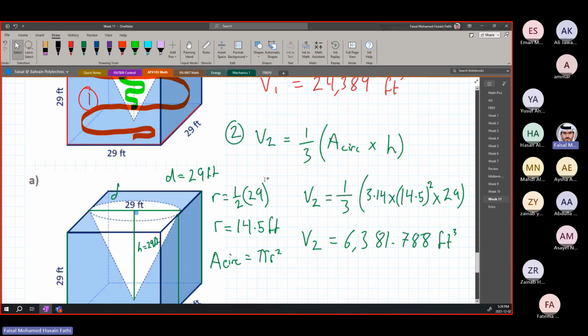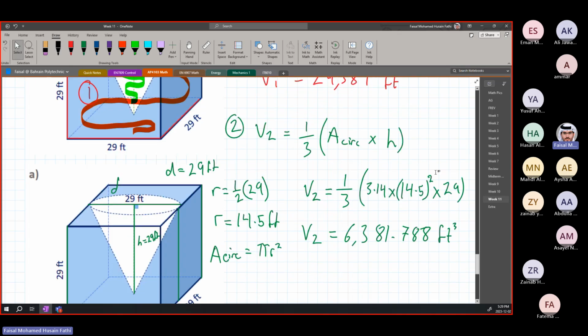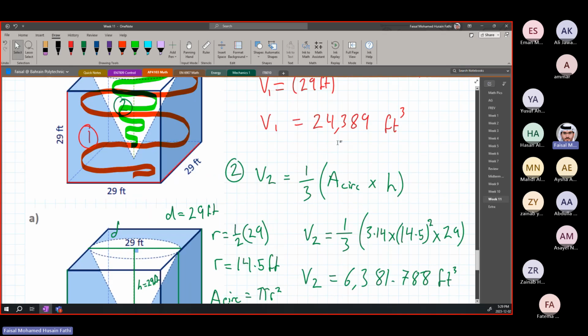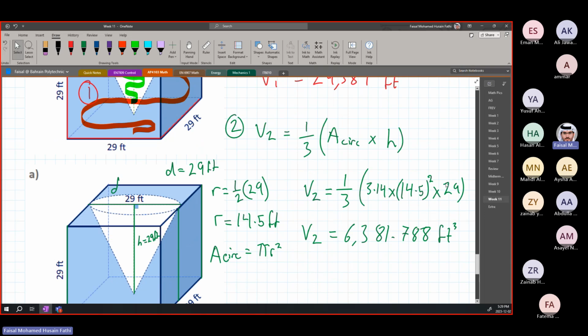Fatma, check how you are putting it in the calculator. Make sure you are putting it the exact same way I am writing it here for V2. Put the brackets in the exact same way I am putting them here in the calculator.